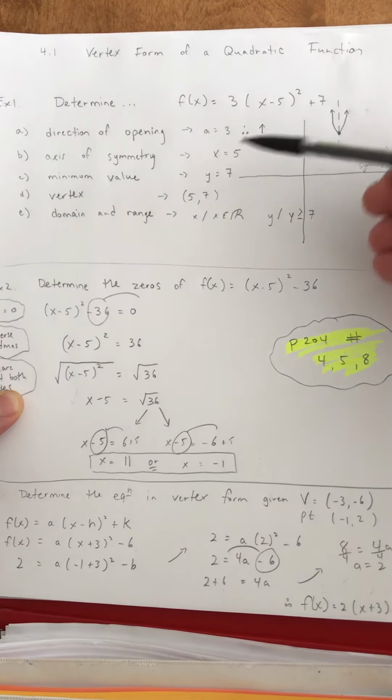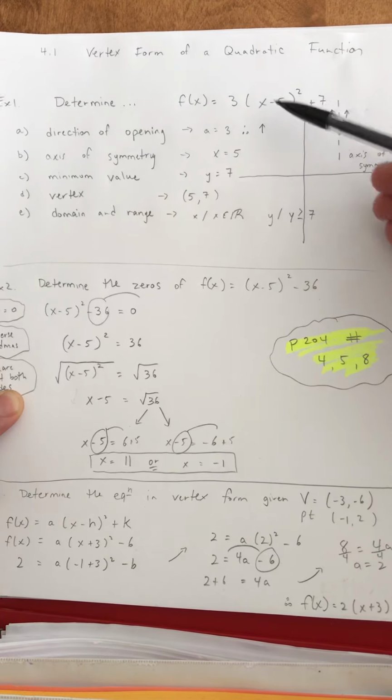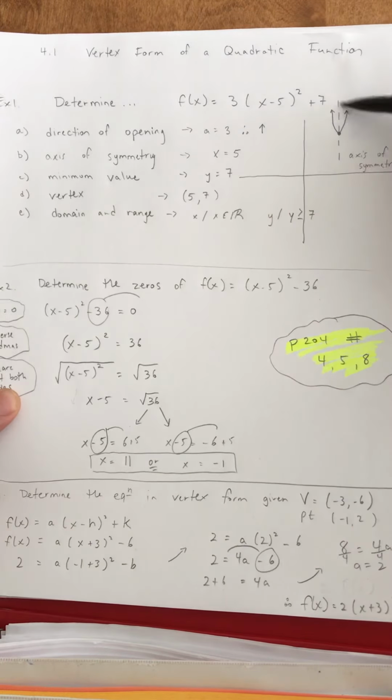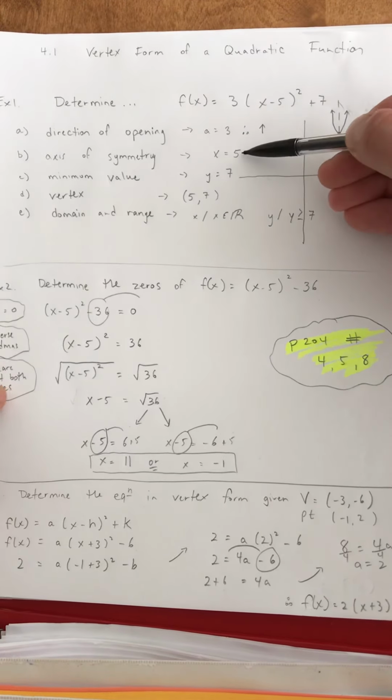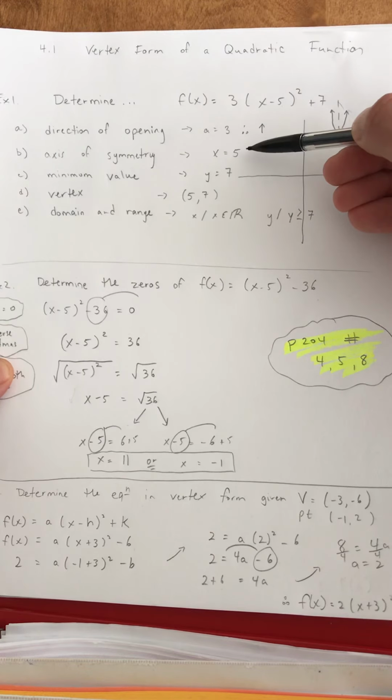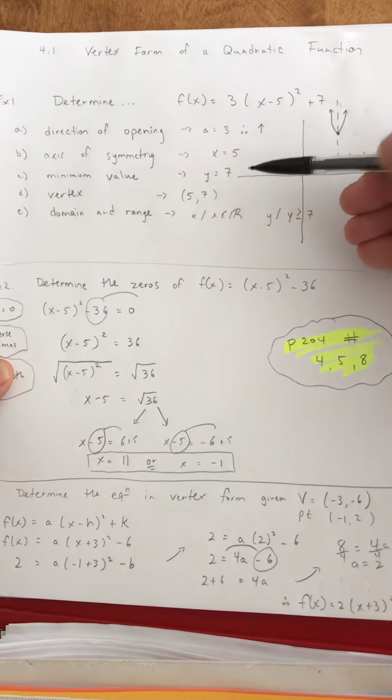This has an equation, and if you want to go right from the original function, it's just whatever the h value is. So h has a positive 5 value, so the equation of this line right here is x equals 5. You can either figure it out from the parabola, or you could just memorize the way to answer this question.